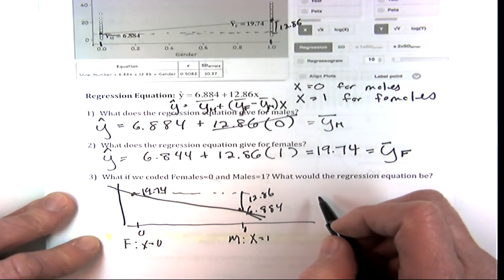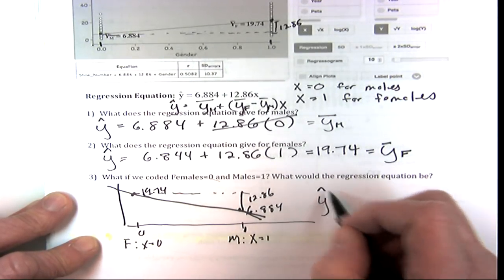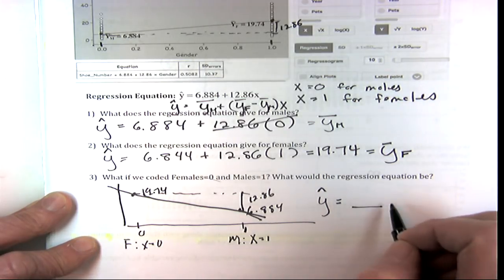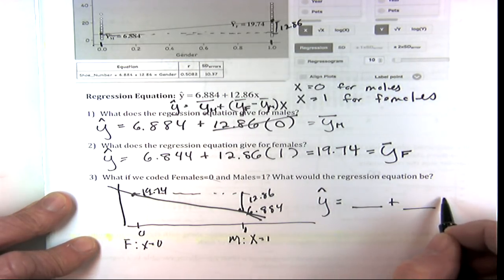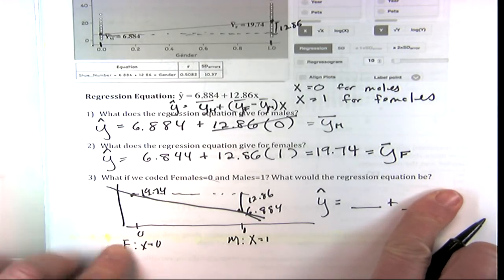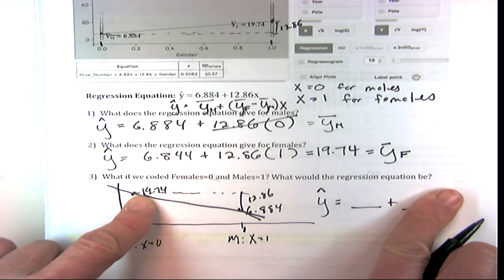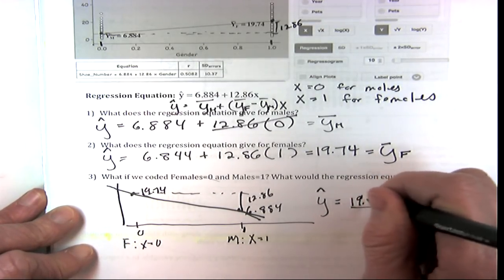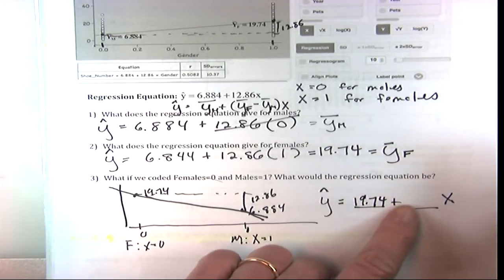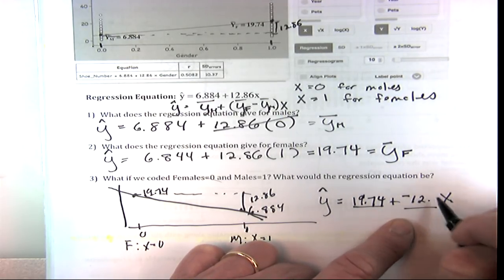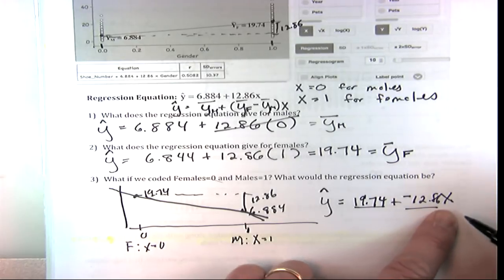We can get that quite simply. It's what? We're going to have an intercept plus something times x. But when x is 0, that intercept is going to be the average for females. And then it's going to be minus 12.86 times x. Does that make sense?